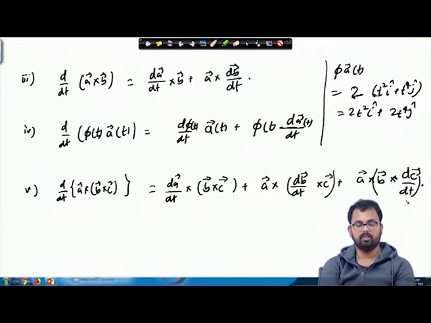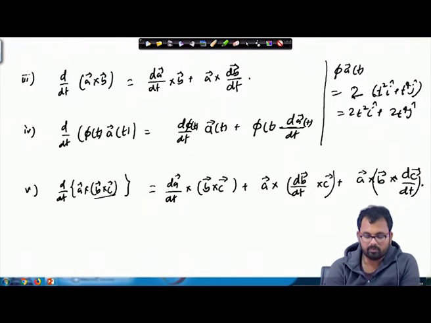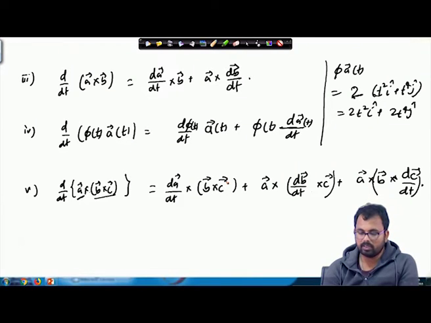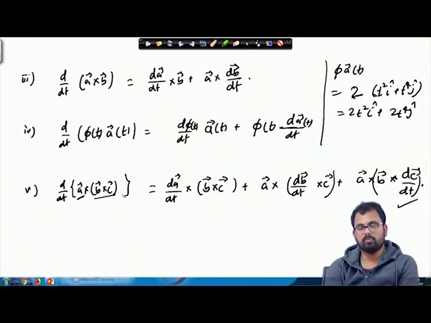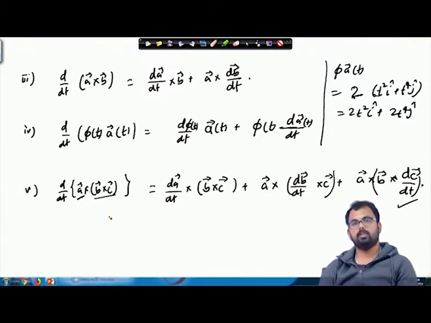We treat B cross C as one vector and A as another vector. We differentiate dA/dt times B cross C, and then, using B cross C instead of B in the earlier formula, A cross the derivative of B cross C, and we do the derivative on B cross C. That gives us the whole derivative of A cross B cross C.